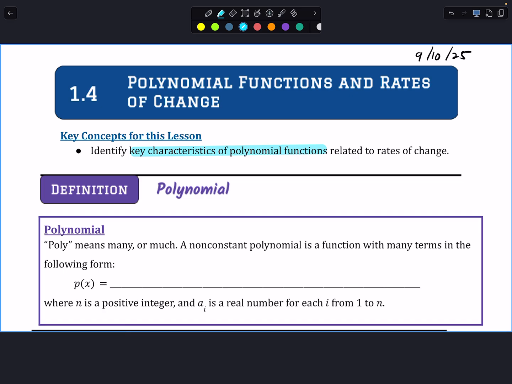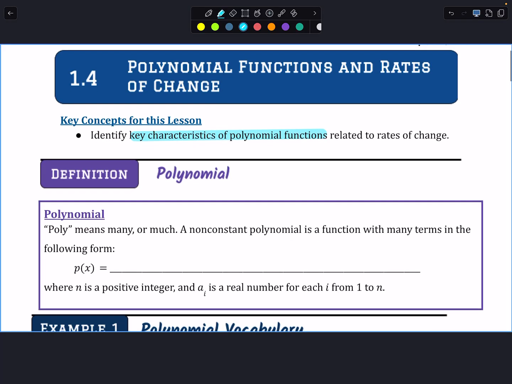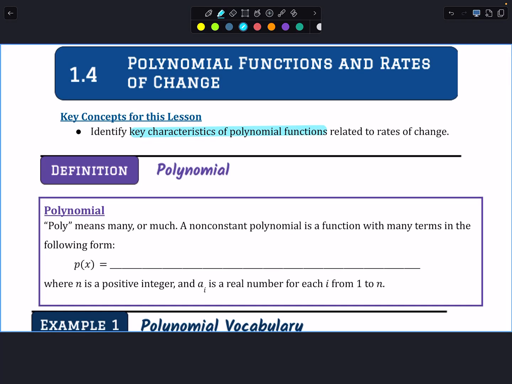So the first thing we're going to talk about is what is a polynomial again? The prefix poly means many or much. A non-constant polynomial is a function with many terms in the following form.